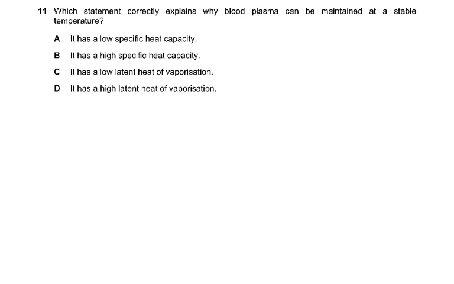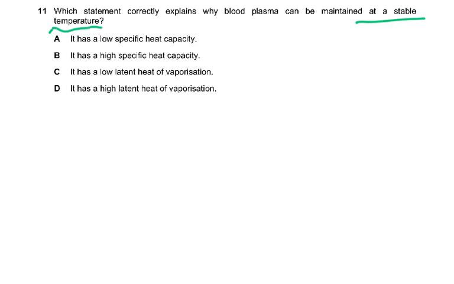Then question number 11. Which statement correctly explains why blood plasma can be maintained at a stable temperature? Please remember, your blood plasma is the fluid inside your blood vessels. So why is it maintained at 37 degrees Celsius all the time? It has a low specific heat capacity, high specific heat capacity, low latent heat of vaporization, high latent heat of vaporization. But they are asking you maintained at a stable temperature.